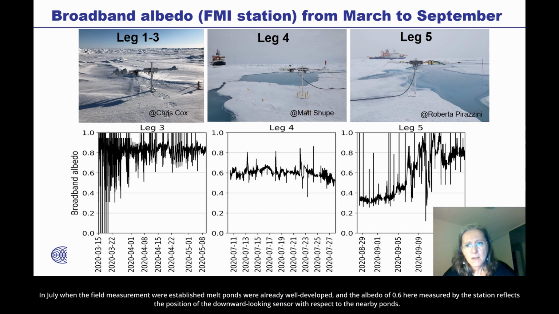In July, when the field measurements were re-established, melt ponds were already well developed, and the albedo of 0.6 measured by the station reflects the position of the downward-looking sensor with respect to the nearby ponds.